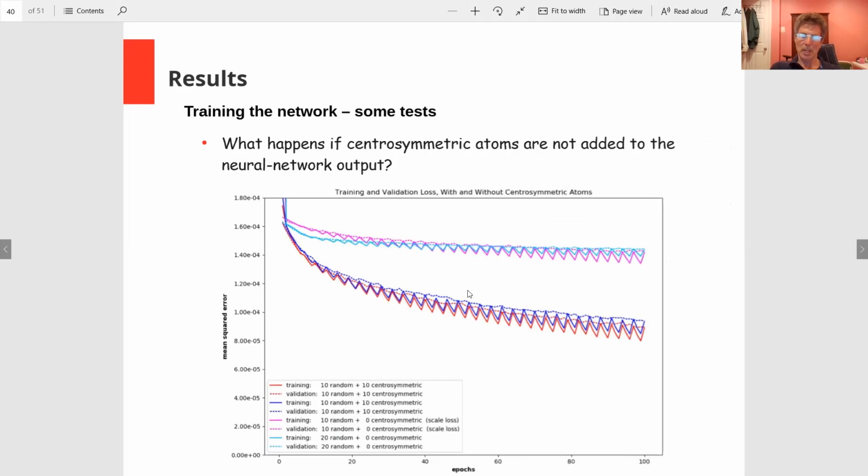And in the case of the dark red and the dark blue, that's training the way that I said works, which is to use the centros, the original atoms, and the density from the centrosymmetric atoms to train on both simultaneously.